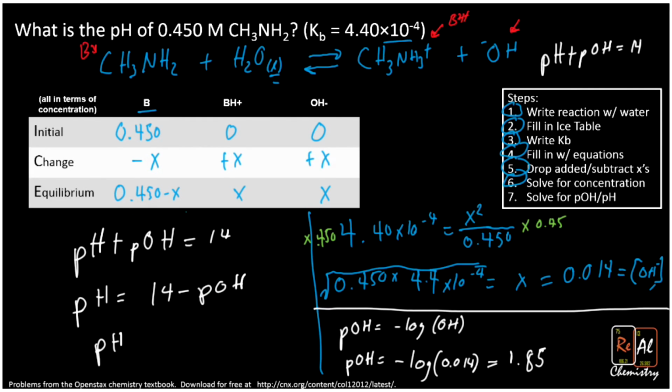So pH is equal to 14 minus 1.85, which gives me a final pH of 12.14. Notice that that is a basic pH, greater than 7. And that makes sense because we're solving here for the pH of a base. So that's how you can solve for the pH of a weak acid or a weak base. The only difference there is Kb or Ka and what the hydrogen ion is doing. So once you can do this process, you can do it for either a weak acid or a weak base.